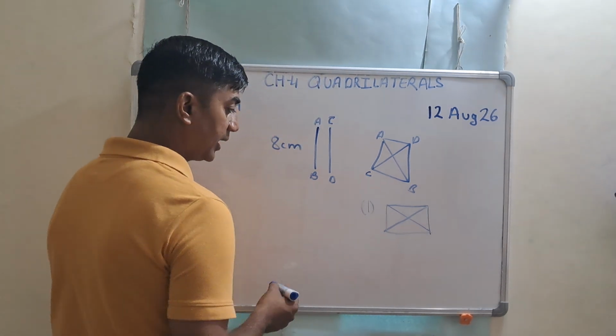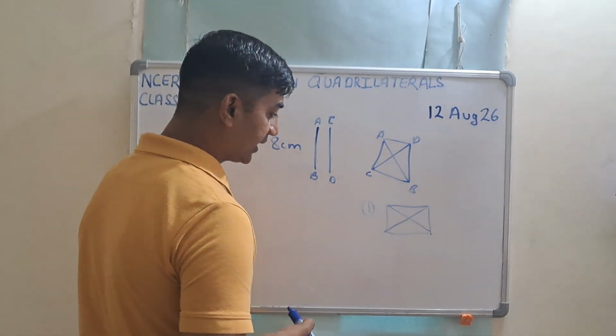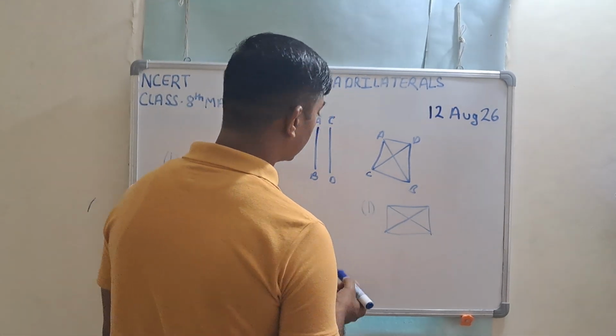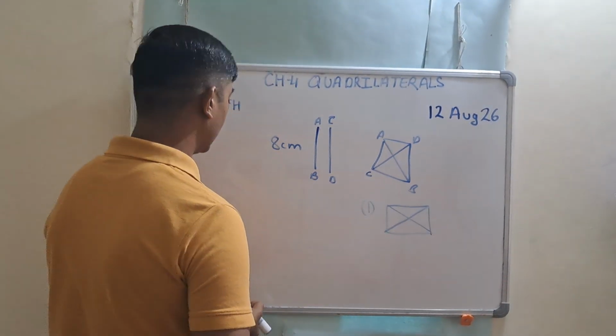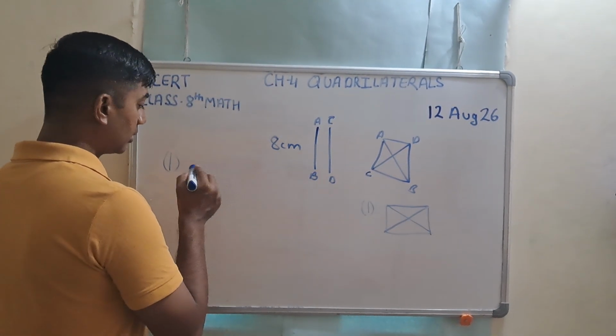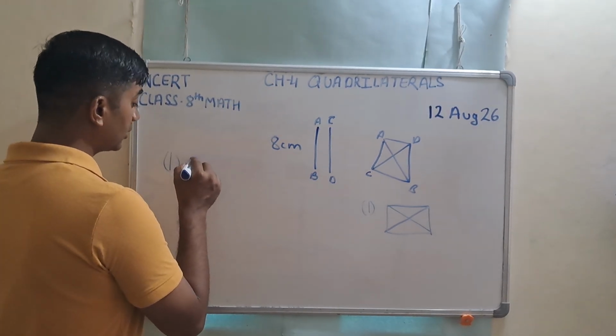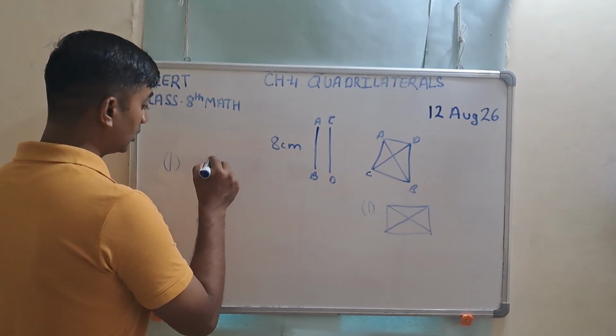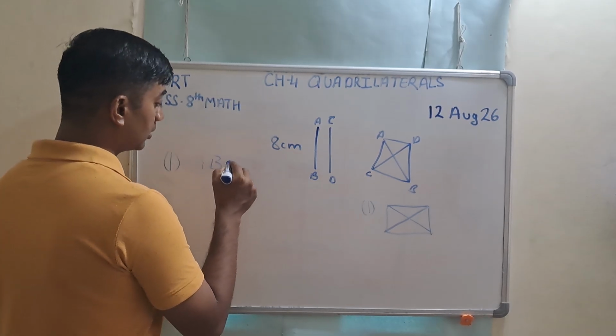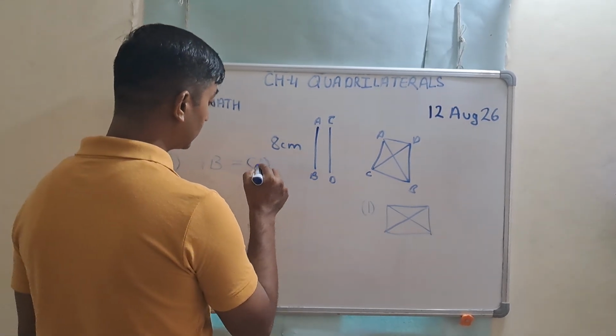By using the property of congruent triangles, we concluded that the lengths of AB and CD are equal. Understood? In the first point, we concluded that AB is equal to CD.